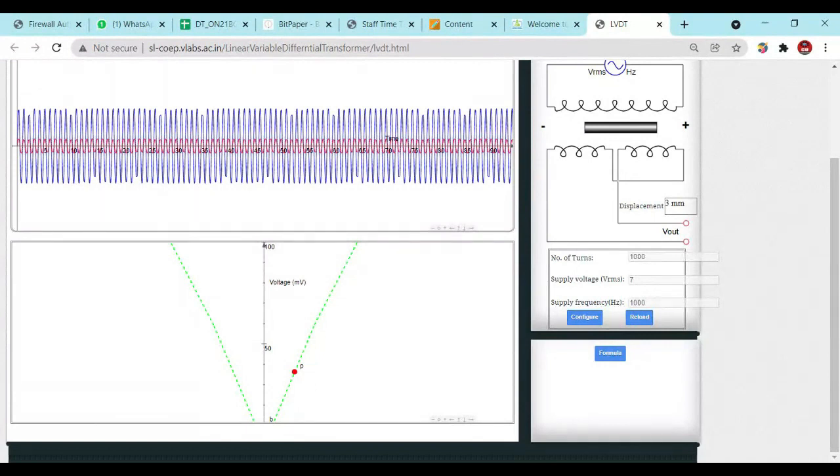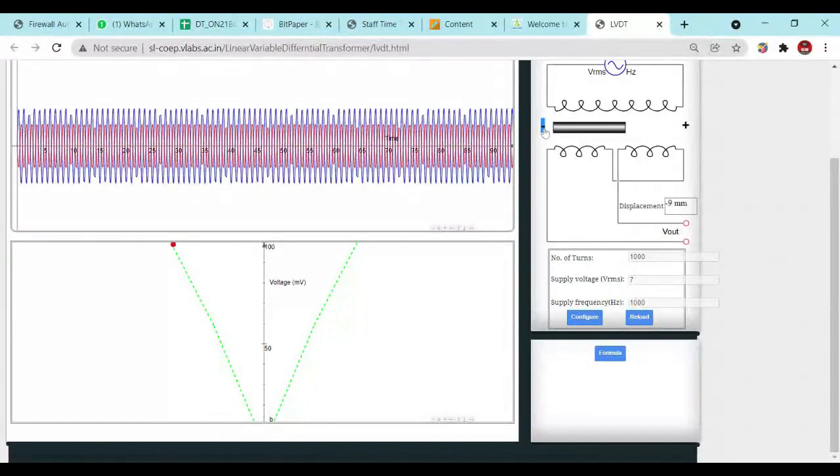So one axis is the voltage, in millivolts, and the second axis is the displacement. So you will see when I move this core toward the left hand side, the displacement is also moving toward the negative direction.